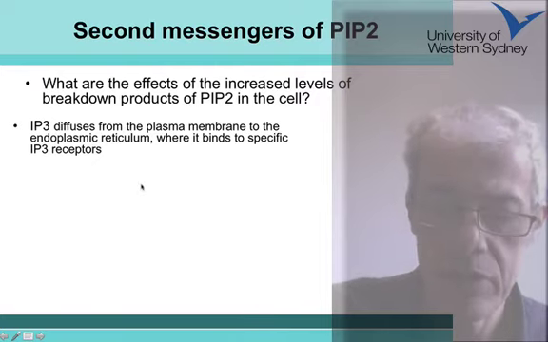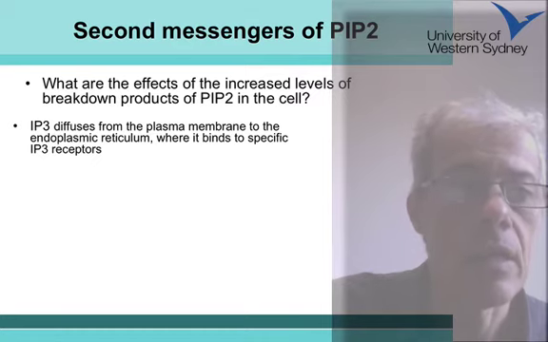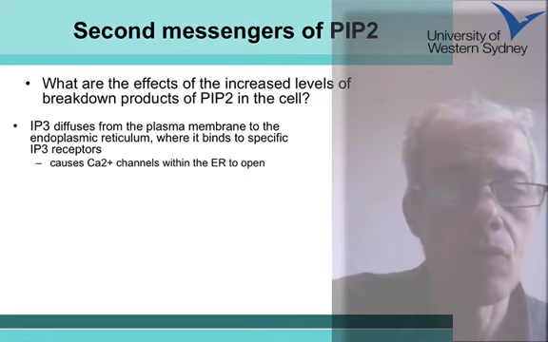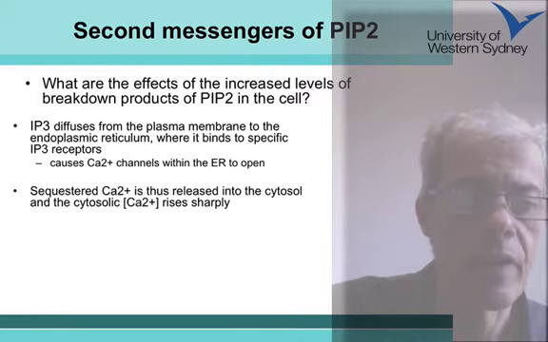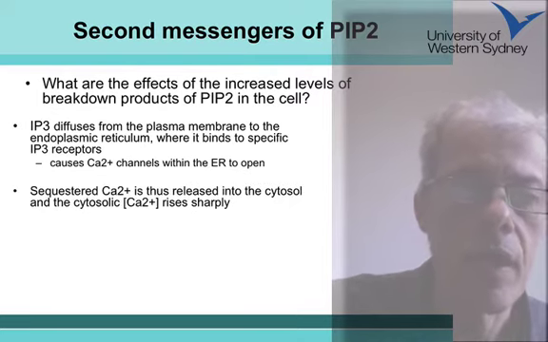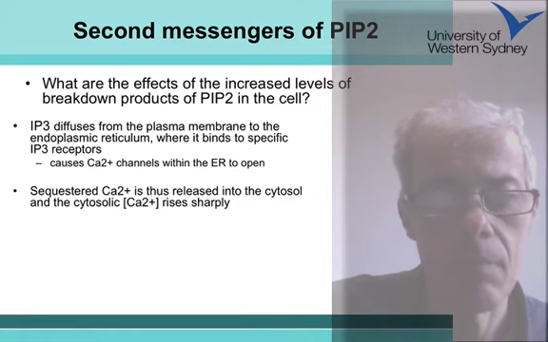Now, the endoplasmic reticulum stores calcium, and IP3 allows the receptor to release calcium into the cytoplasm. So the effect of IP3 is to cause a sharp rise in calcium ion concentrations within the cytosol.